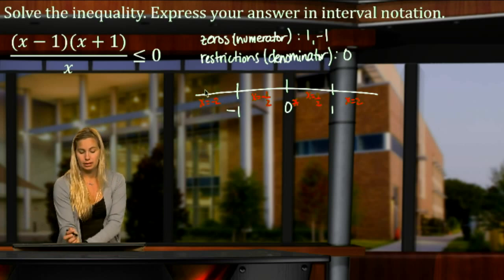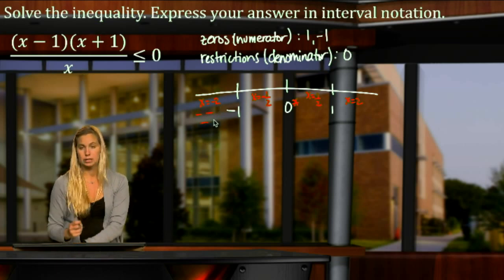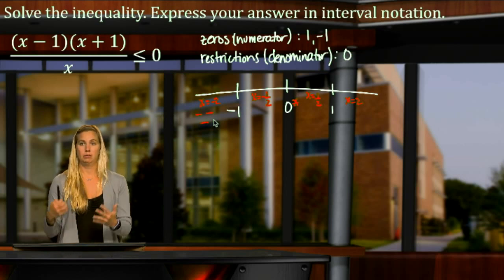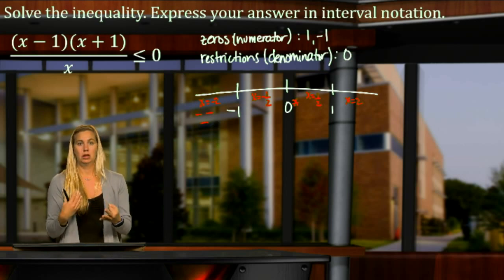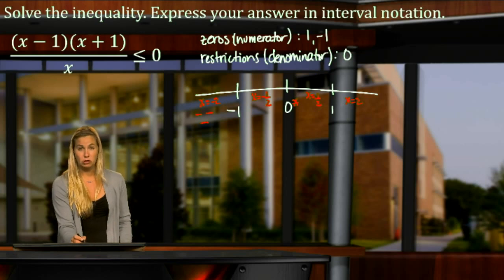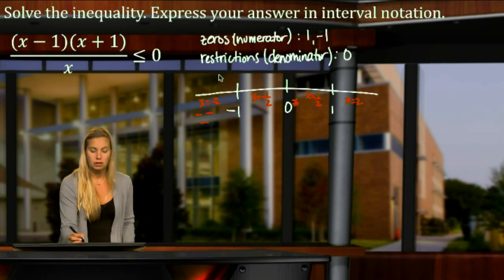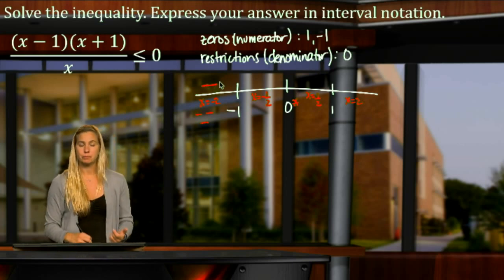When we plug in x equals -2, -2 minus 1 is negative, -2 plus 1 is negative, and then -2 is negative. We've got 3 negatives here. If I multiply the 2 in the numerator, that gives me a positive value, but then I'm dividing by a negative, so it's still going to be negative.